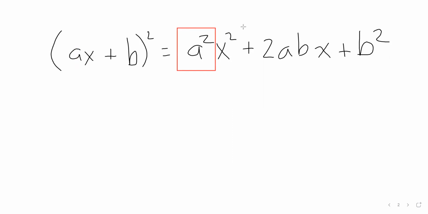But the other thing is that the coefficient of the x has to be twice times the a times some number b.